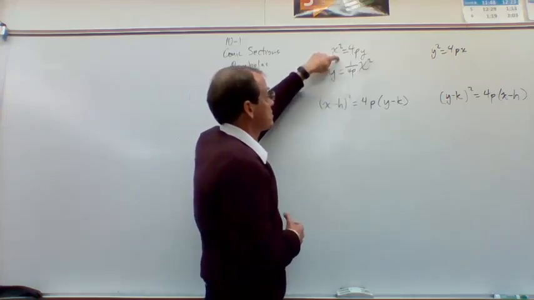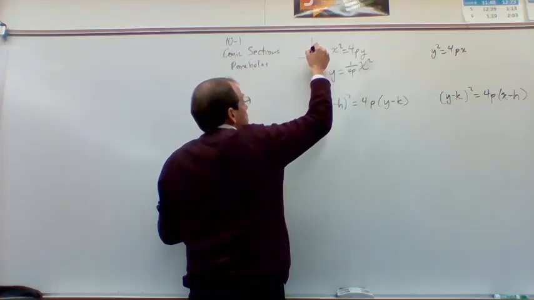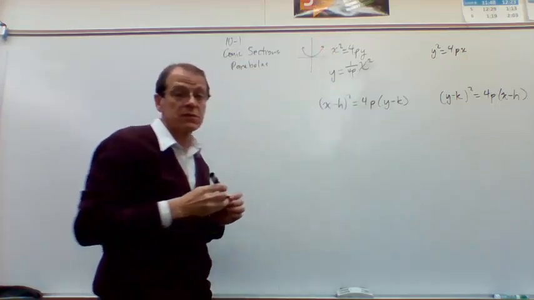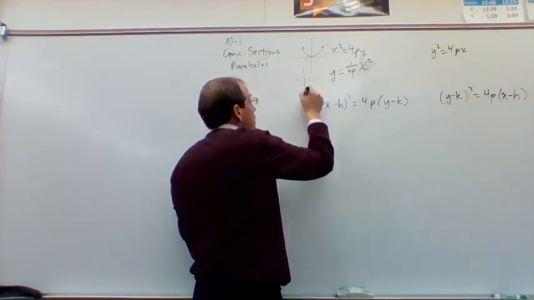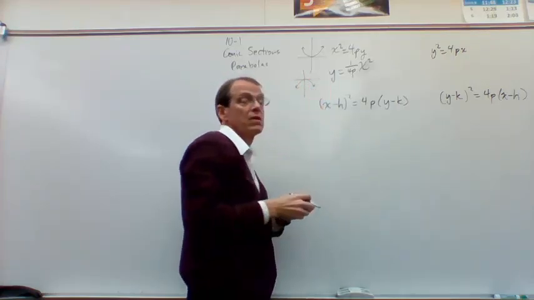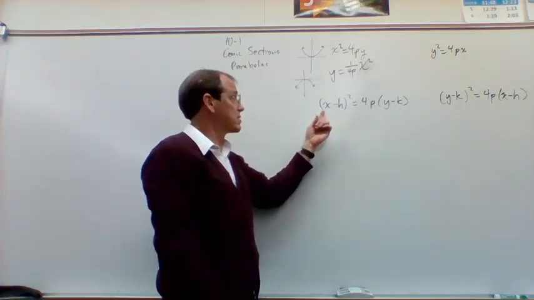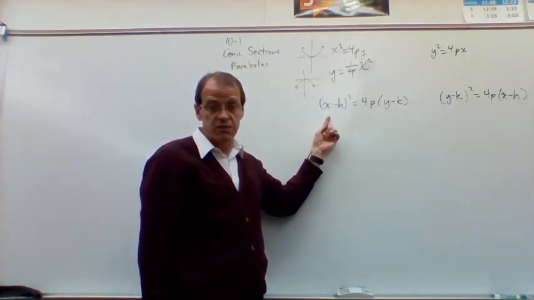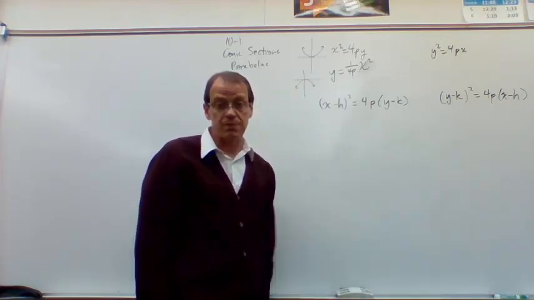If the vertex is at 0, 0, it's going to look like that, and it's going to open up like this. Now, if p happens to be negative, then it'll open the other way. Now, if the center happens to not be at 0, 0, then this is going to modify it. h will modify it to the left or the right, and k will modify it either up or down.